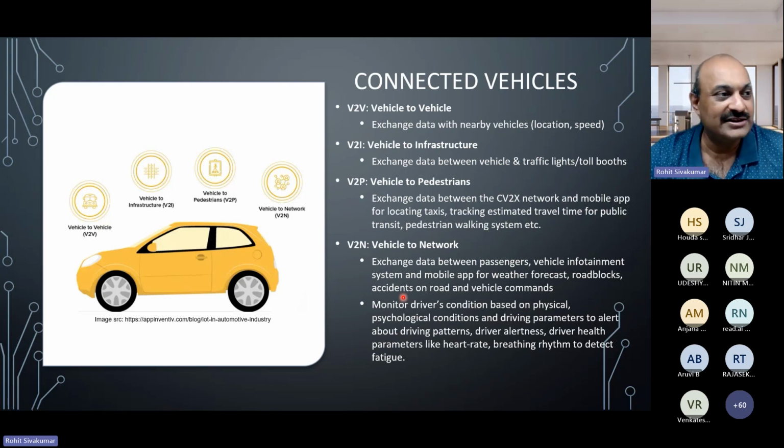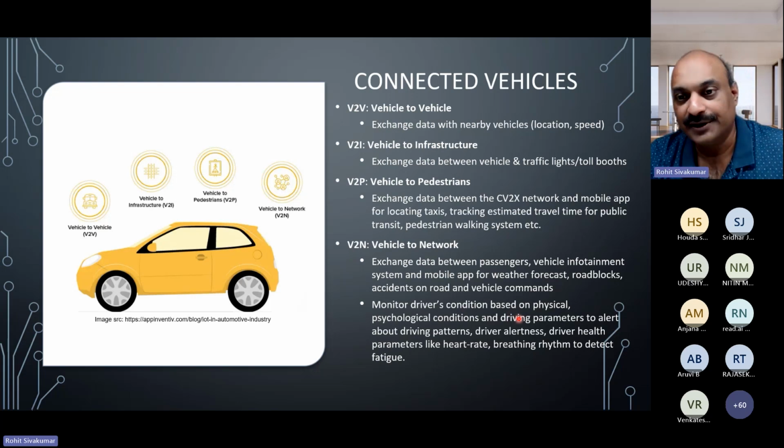So there are so many use cases that are possible. Similarly, you can talk to the engine dashboard. You could talk to the infotainment system and ask it to play music of your choice from the app of your choice. For example, Spotify, YouTube, or a custom app on your mobile. So those capabilities come from the vehicle to network infrastructure.